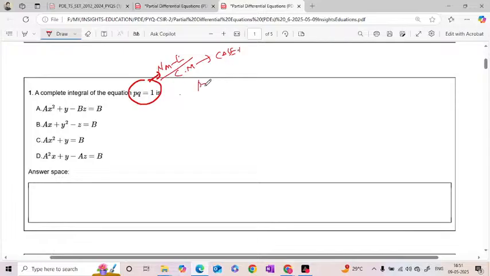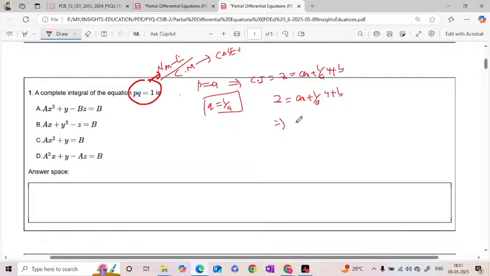That means assume p is equal to a, then the complete integral is z is equal to ax plus 1 by a y plus b. Substitute p is equal to a, then q is equal to 1 by a only. So the answer is ax plus 1 by a y plus b.